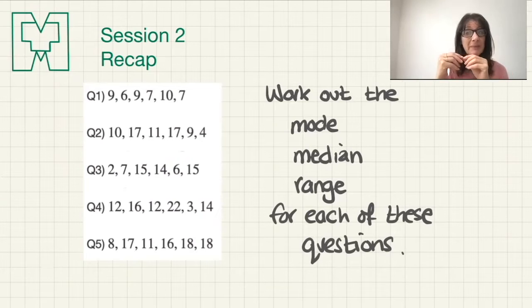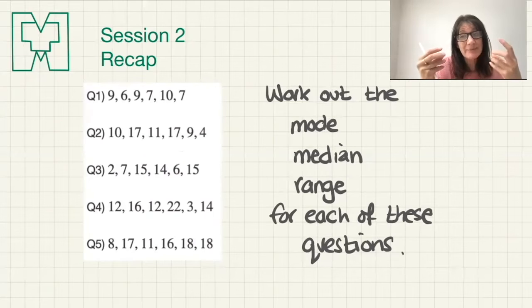If you get into a complete pickle after you've pressed pause and tried to do it, press play again because I'm going to remind you of the language so that you can then go back and have another go. So it's just a hint if anybody needs it. All right. So press pause now.